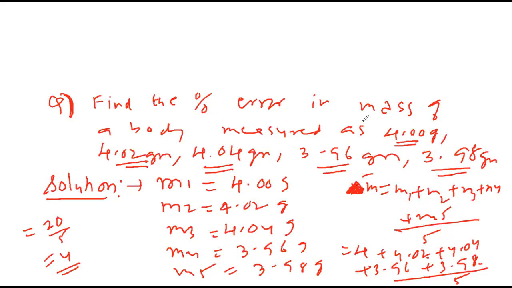Yeah, so we are unfortunate because it is slightly lengthy, but generally they will not ask you the percentage, they may ask only till the absolute error or final absolute error. So I got now the most probable value.